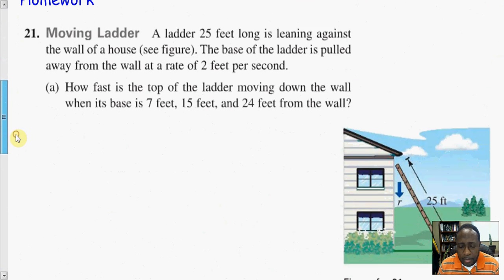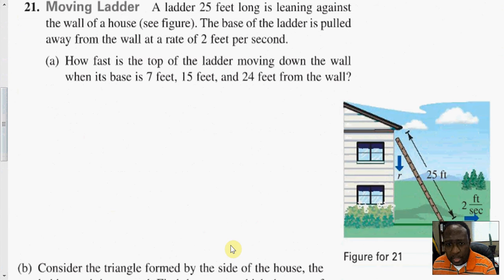Take this problem. A ladder 25 feet long is leaning up against the wall of a house. You see the figure here, and it says that the base of the ladder is pulled away from the wall at a rate of 2 feet per second. So the base of the ladder is moving at a rate of 2 feet per second.